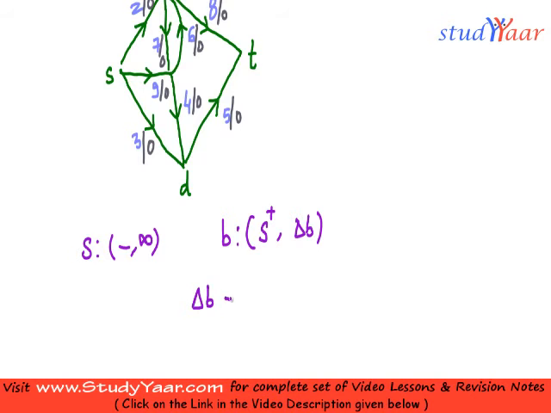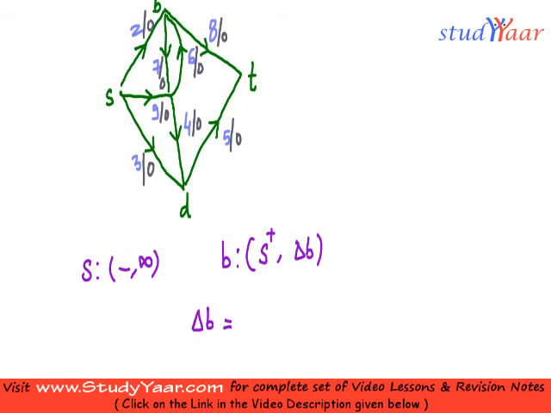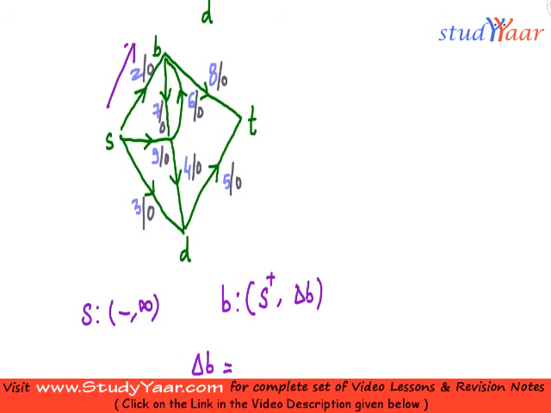Delta B is equal to the capacity of the edge from S to B minus the flow of the edge from S to B. So over here the capacity is 2 and flow is 0. So 2 minus 0 is 2. So your B is going to be S plus comma 2.